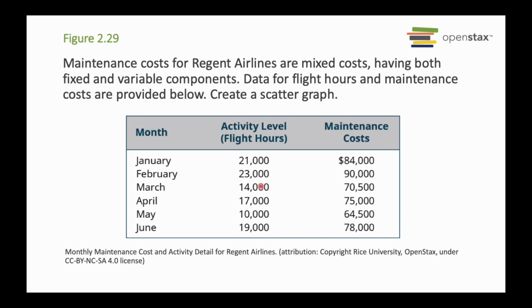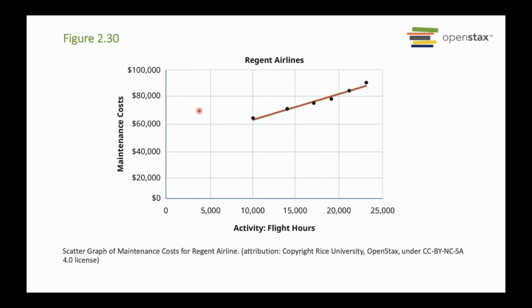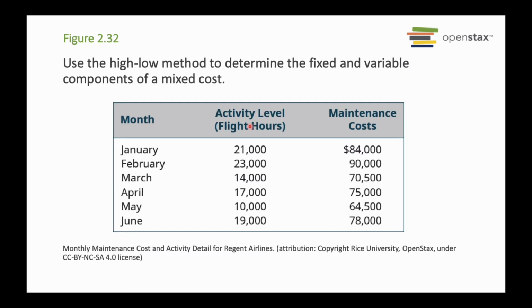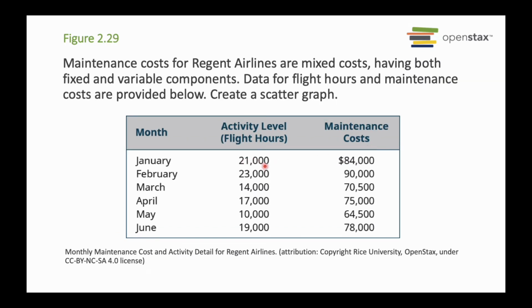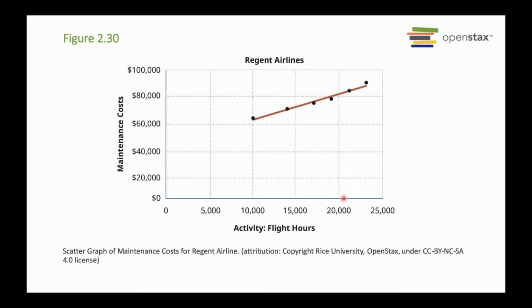So we will plot the activity level and the maintenance costs on a graph. On the vertical axis, we measure maintenance costs, and on the horizontal axis, we measure flight hours, and we plot each observation. At 21,000 hours, the maintenance cost is 84,000 Rand.